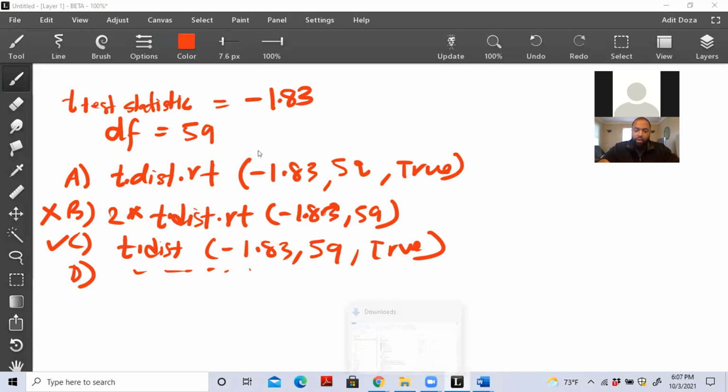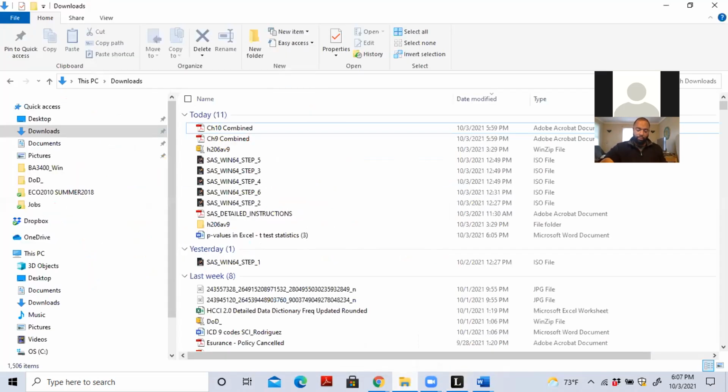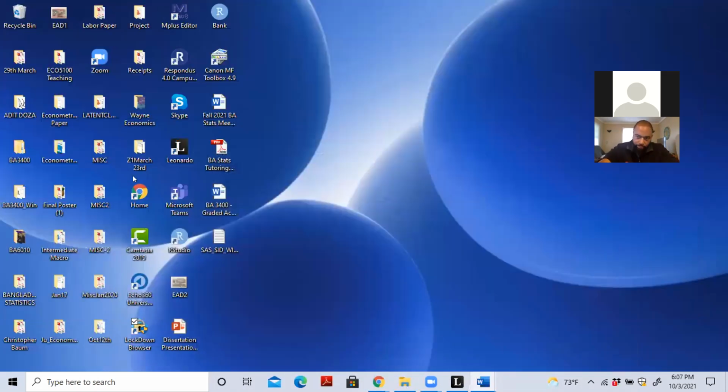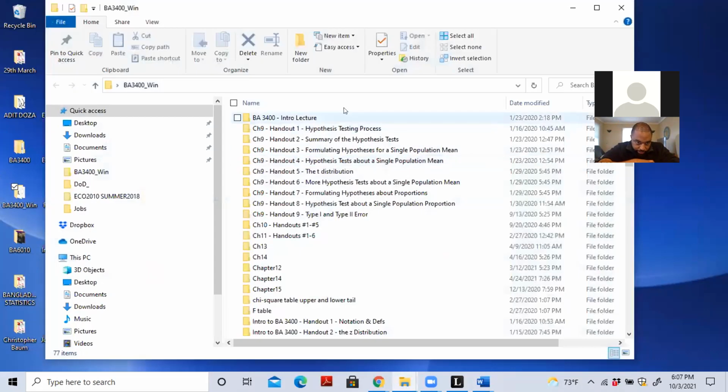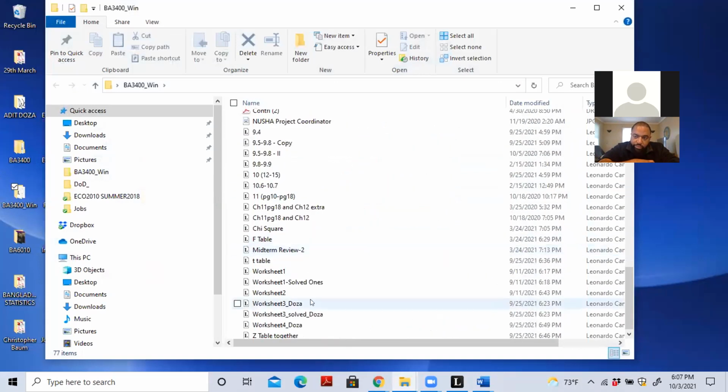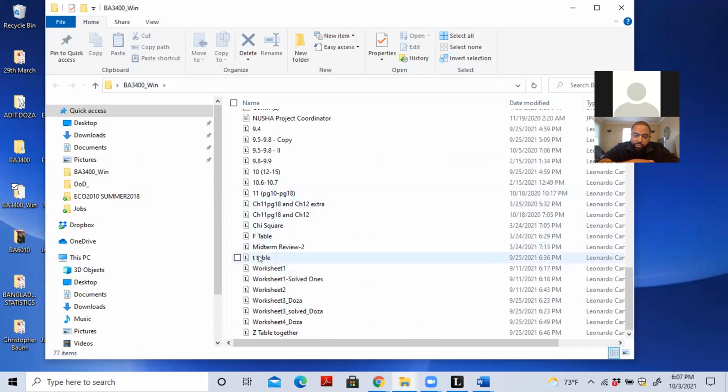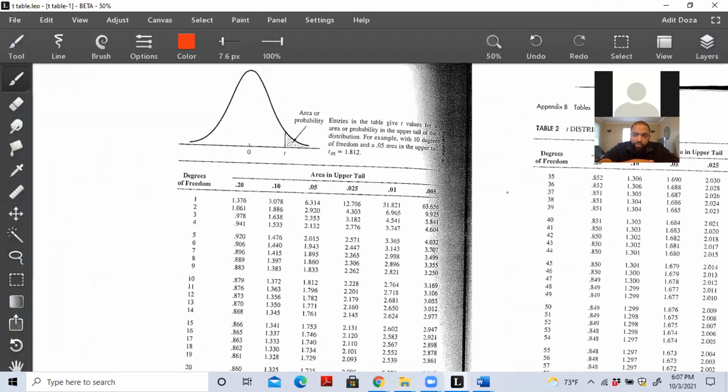Yeah, on a chart it's also easy. You have to use a T table. Let me use my T table chart, BA 3400, this one, updated. Where is the T table? Here. Negative, we can use symmetry, because they have given only the upper tail, and they have given us the degree of freedom, and they should also give us the level of significance.